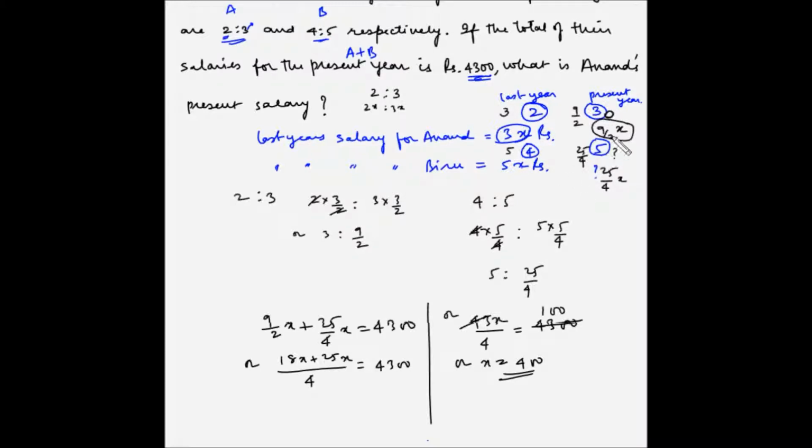Anand's present salary is 9 by 2 times x. So 9 by 2 multiplied by 400. 2 2s are 4. So 9 2s are 18, 1800 rupees. So same answer as we got in the previous method, but just a different way of arriving at the same answer.